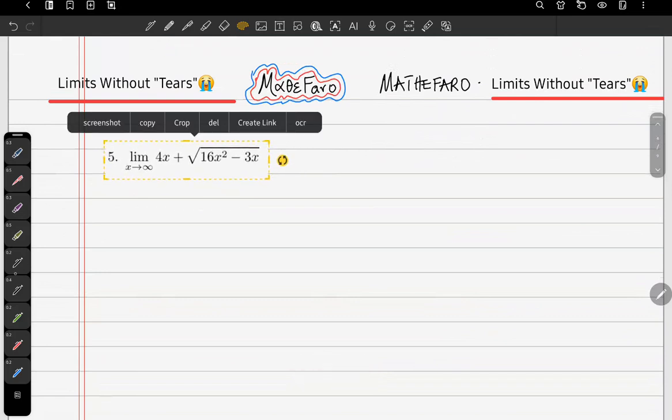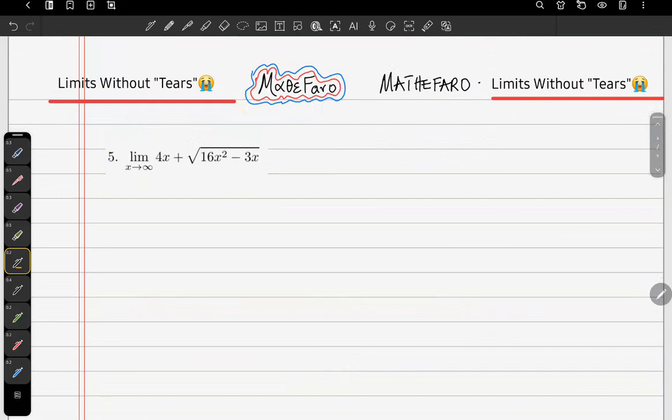As controversial as it might sound, it is actually the simplest one of the bunch, because we know that the limit of f of x plus g of x as x goes to a is equal to the limit of f of x plus the limit of g of x.